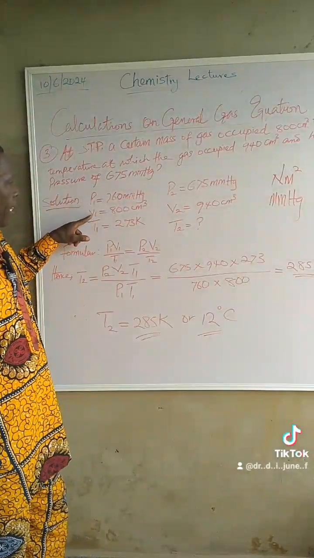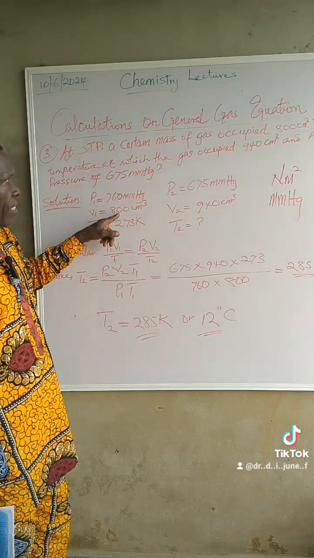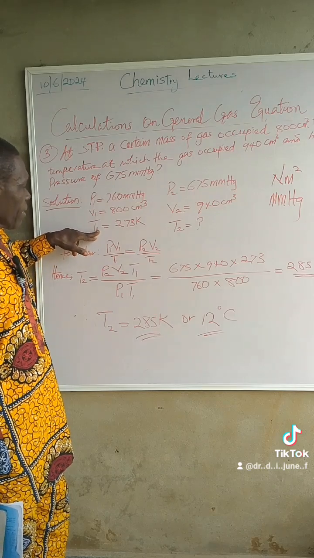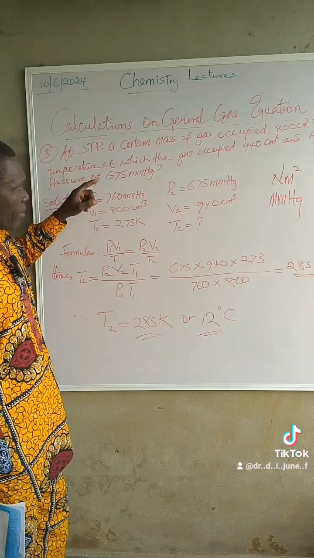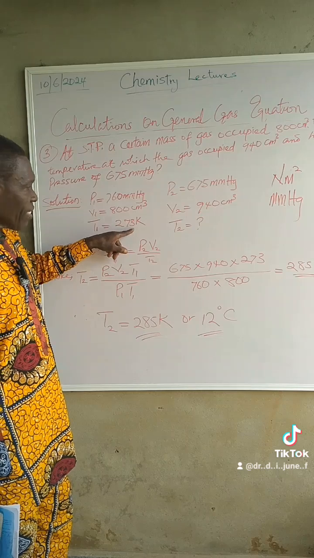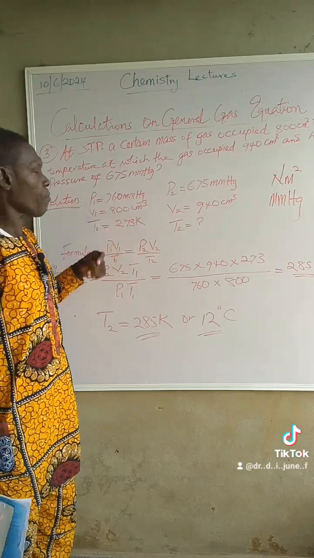Then your initial volume, as it is in the question here, is 800 cm cube. Then your initial temperature, because it is at STP, will be 273 Kelvin. If you convert it, it becomes 0 degrees Celsius.